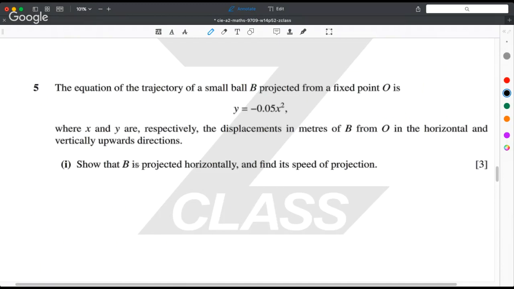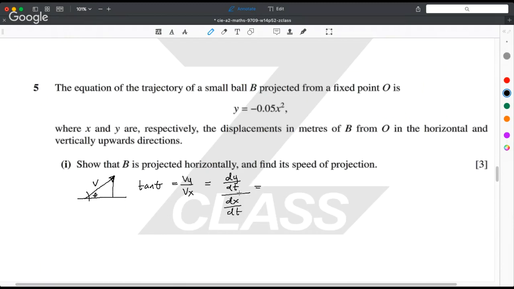So firstly, let's show that B is projected horizontally. And for this, we're looking at the velocity when it's initially projected, like so. So this theta, we're going to use this fact again, that the tan of theta is equal to Vy over Vx. And so this is going to be equal to, so Vy is just dy dt, right? So this is dy dt over dx dt.